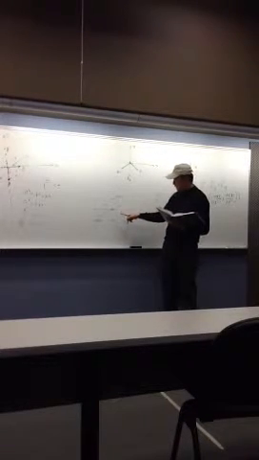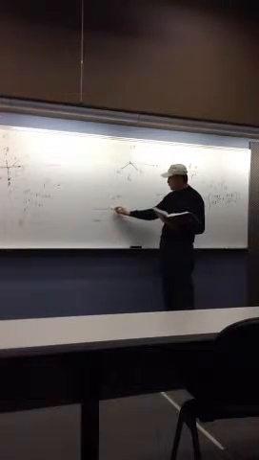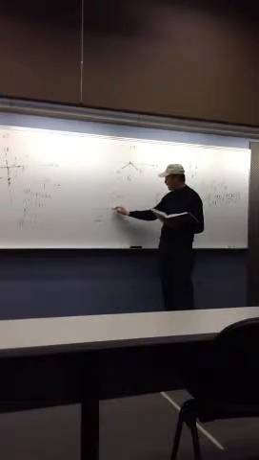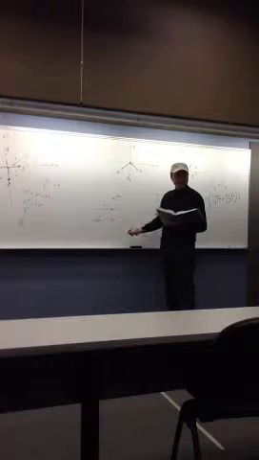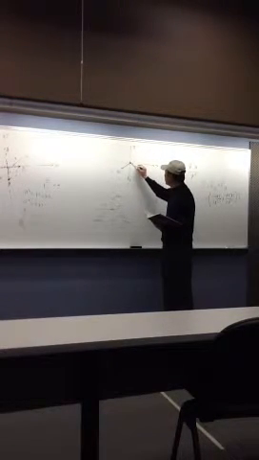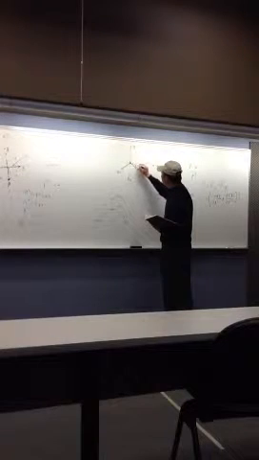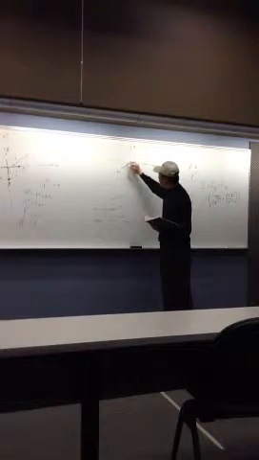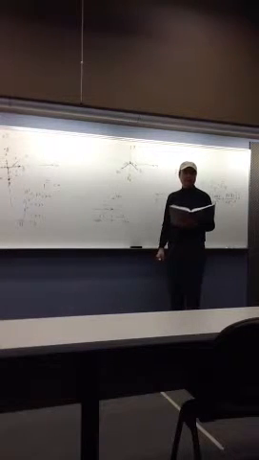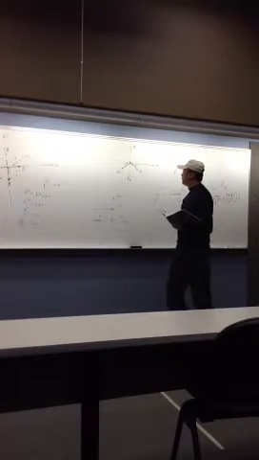So the total angle here is 120, right? But this is 90. 120 minus 90 equals what? 30. Therefore, this is 30 degrees. This is also 30 degrees, right? Okay. Therefore, everything becomes very clear.